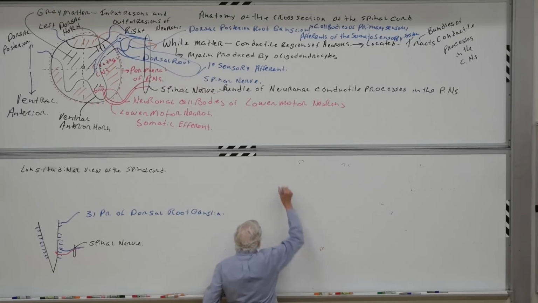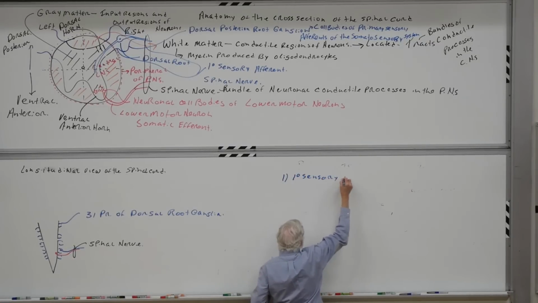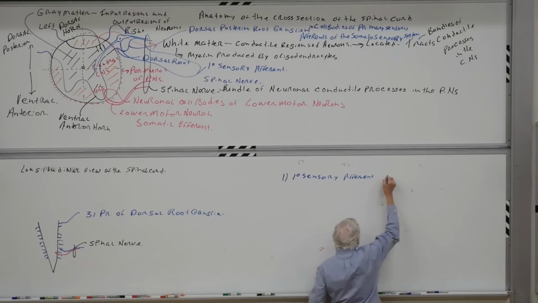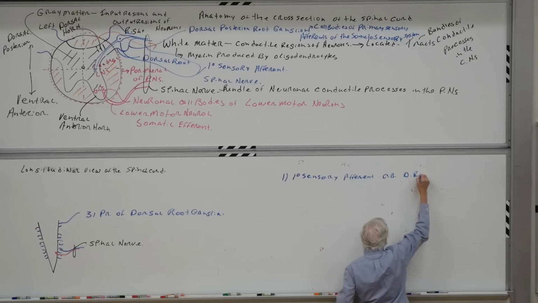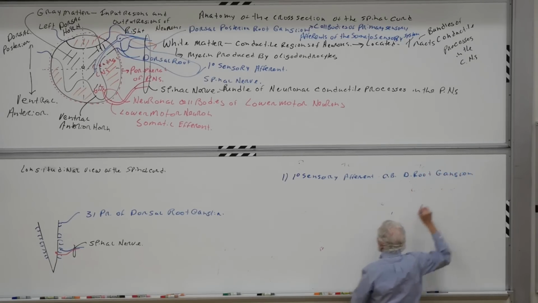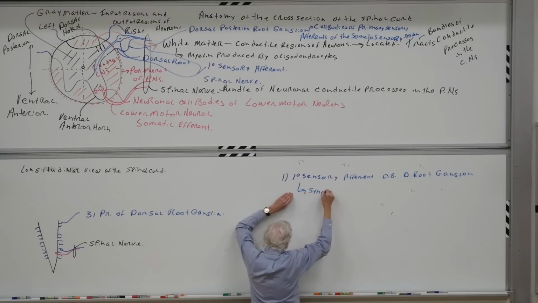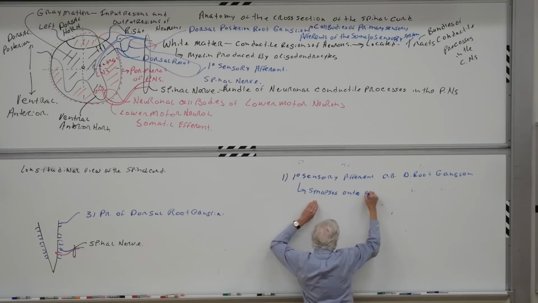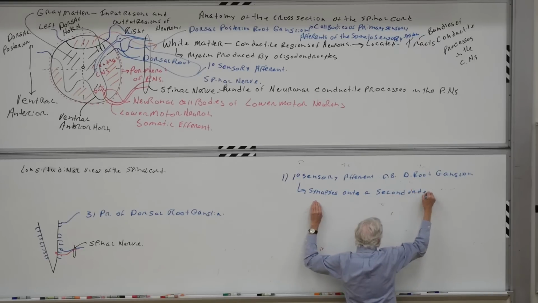And the list is going to be such that we have a primary sensory afferent. The cell body will be in the dorsal root ganglion. The primary sensory afferent synapses onto a second order neuron.